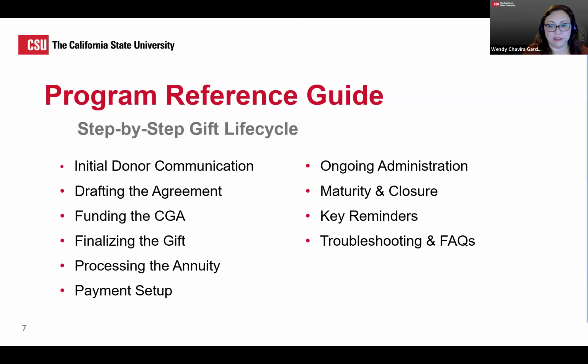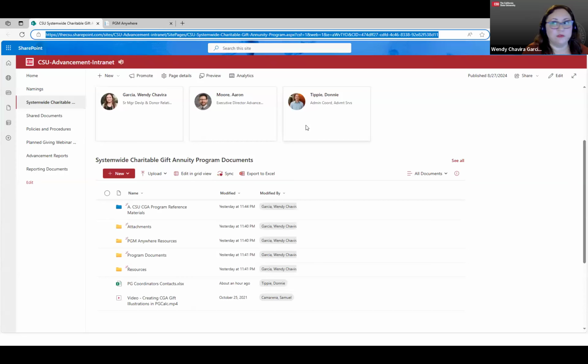So looking at the guide, let me first share where it's located. Sam will share the link in the chat for everybody to access. If you don't have access, you can request access and we can give it to you after the presentation.